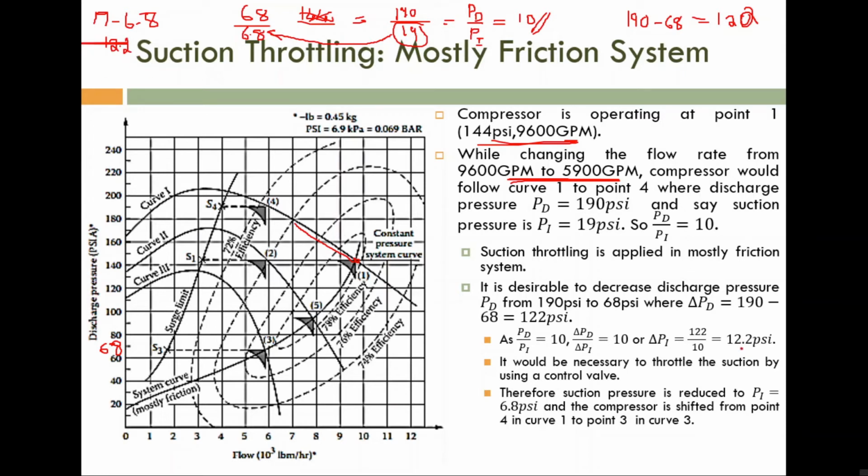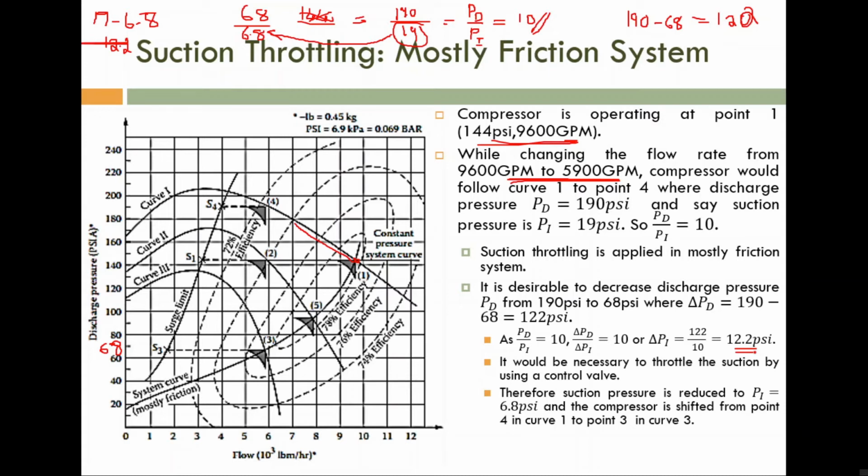We want to remove that much air quantity from the suction line. Then we can reduce the suction pressure from 19 to 6.8, and then we can reduce the discharge pressure to 68 psi. That is sufficient for that 5900 flow rate.